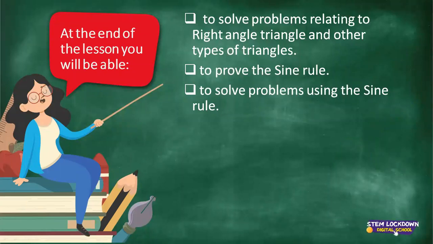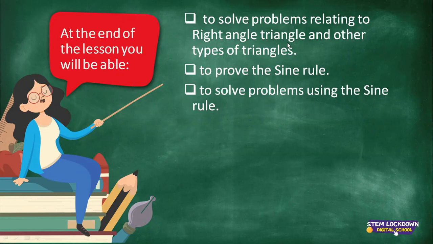So at the end of today's lesson, we should be able to, one, solve problems relating to right angle triangles and other types of triangle. Obviously, we know there are several types of triangle: we have right angle triangle, isosceles triangle, scalene triangle, different types of triangles.